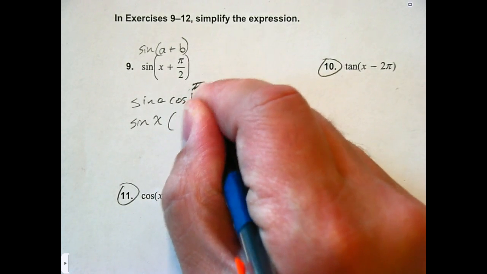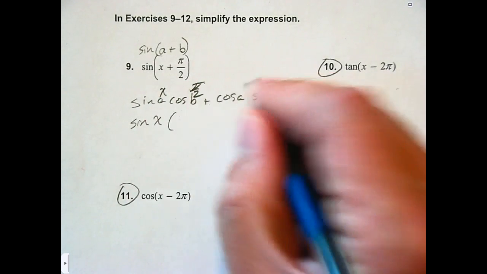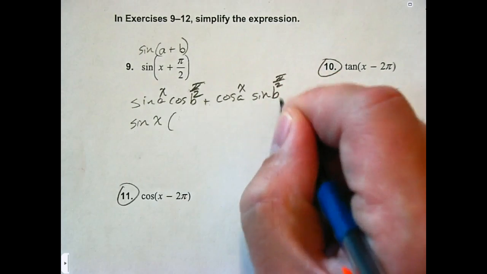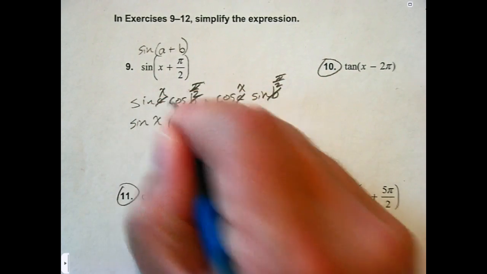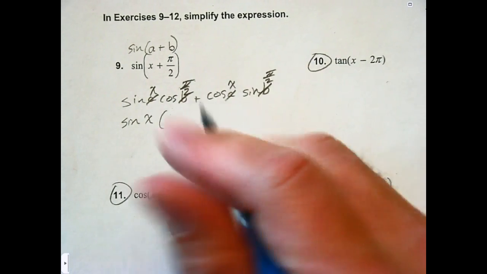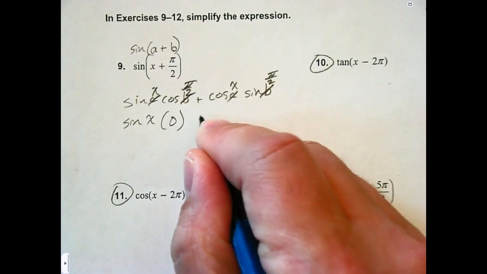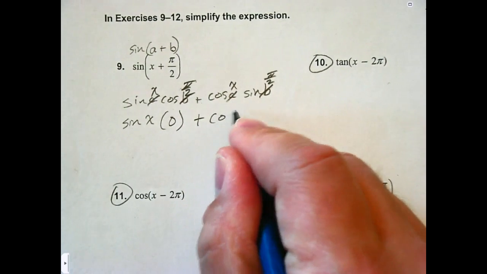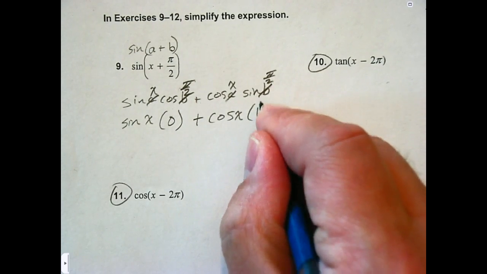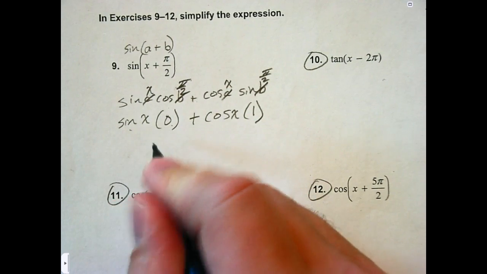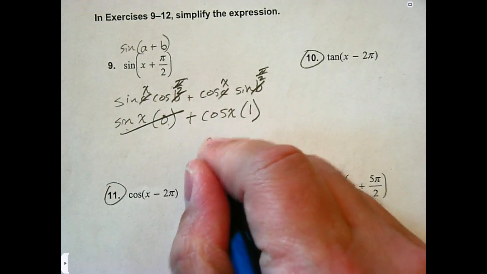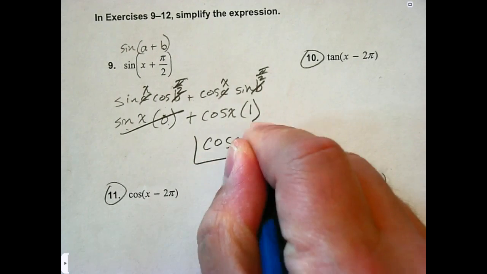So if this is pi over 2, that's x. This is x. This is pi over 2. Okay? So cosine of pi over 2, or cosine 90, is 0. Plus cos x, and sine of 90 is 1. Sine x times 0 is 0. Cos x times 1 is cos x.